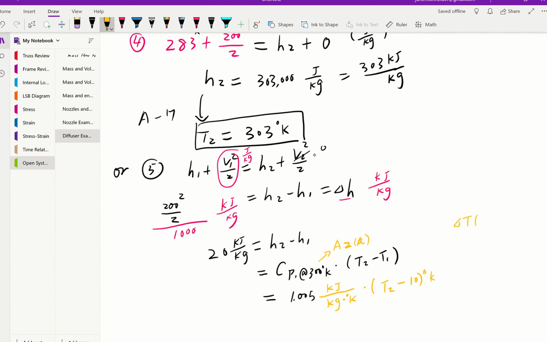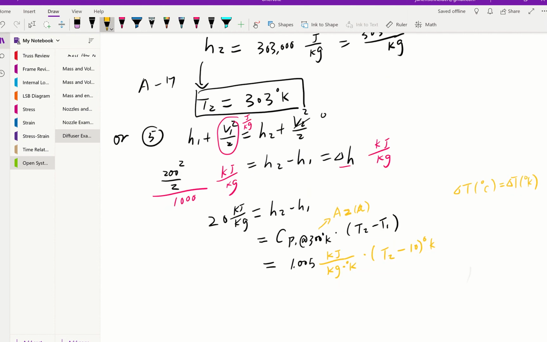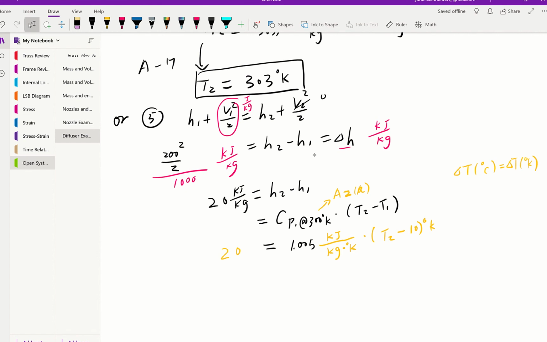Delta T in degrees Celsius is equal to delta T in Kelvin. Okay, so knowing that, all those together give us 20, right? That's our H2 minus H1. Then let's go ahead and solve this. T2 minus 10 degrees will give us 20 over 1.005.